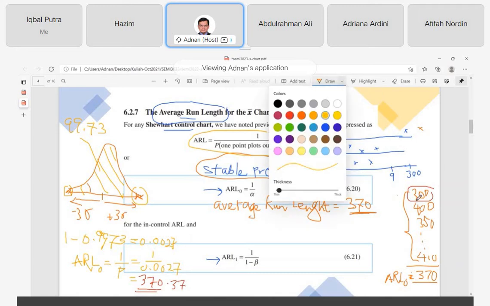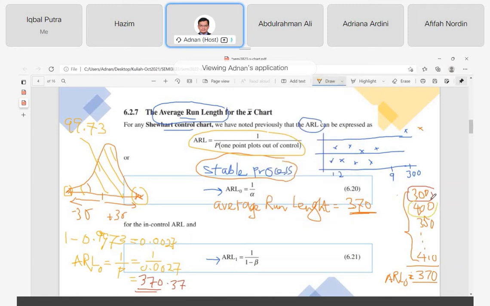The next one may happen at 400. It's not going to be exactly 370. 370 is the average.